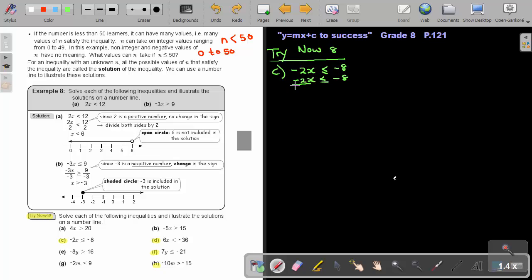Let me just redo that for you. As soon as I divide by a negative, I already swap the sign. So it's negative 8 divided by negative 2. And then I will find that x is greater than or equal to 4. So basically, I will take a number line. Here is my number line.